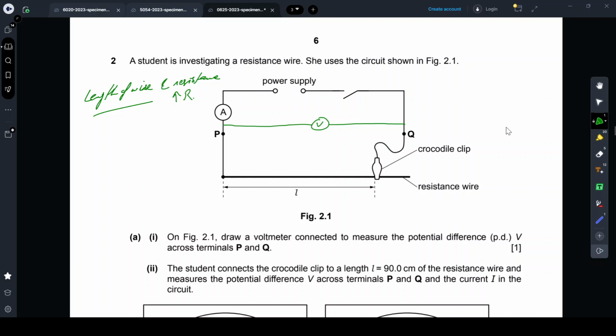So I should be marking X anywhere along the main loop of the circuit, that is not parallel with another component. Can't we put that in the resistance wire? No.